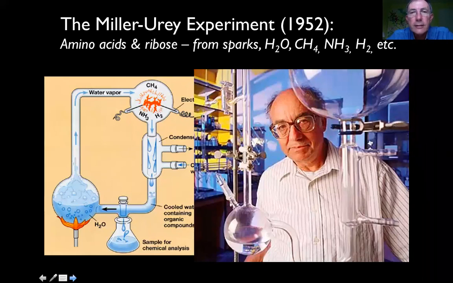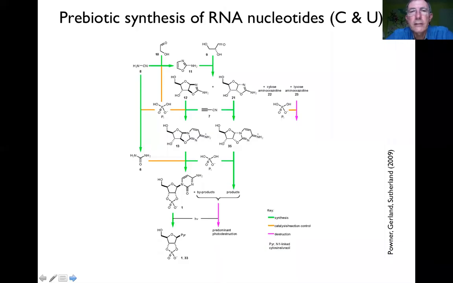So yes, this was a very exciting experiment back then, and you do get those amino acids and ribose, but you get so much other stuff which you cannot take out. I mean, it takes a very well-equipped lab to actually extract the necessary amino acids and ribose from those experiments. In a natural environment, who is going to do this? So basically, this is the problem.